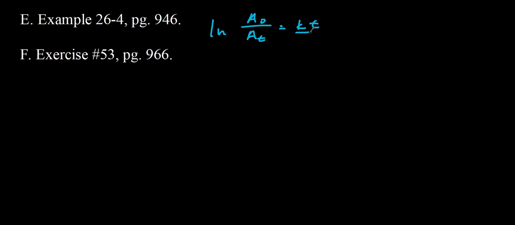That's 0.693 over k equals the half-life, the half-life being 5.27 years, and we get a rate constant of 0.131 per year. Remember, the rate constant for a first-order reaction has units of per time. Half-life here is given in years, so our rate constant has units of per year.